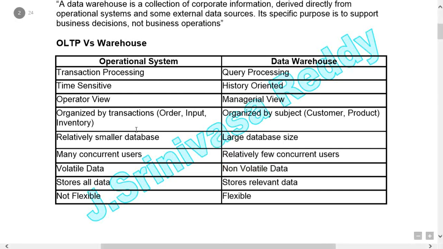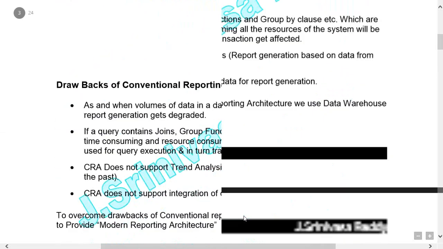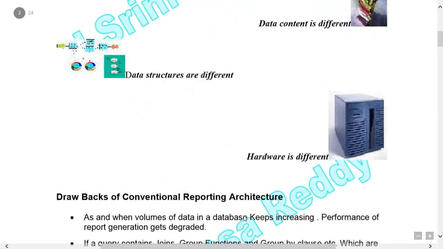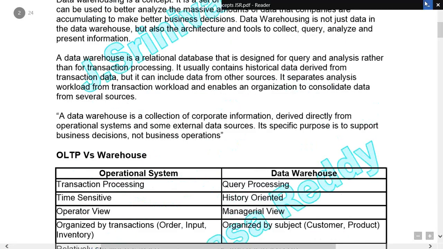The operational database stores all the detailed transactional data, but a data warehouse stores only relevant data that is useful for analysis. Operational systems are not flexible for analysis. Data warehouse systems are flexible for analysis. This is the comparison between operational systems and data warehouse systems.